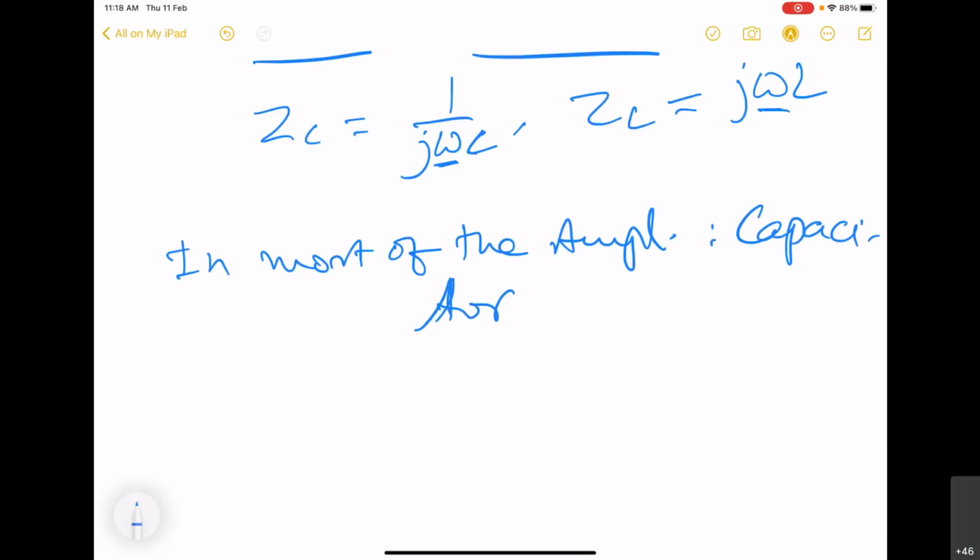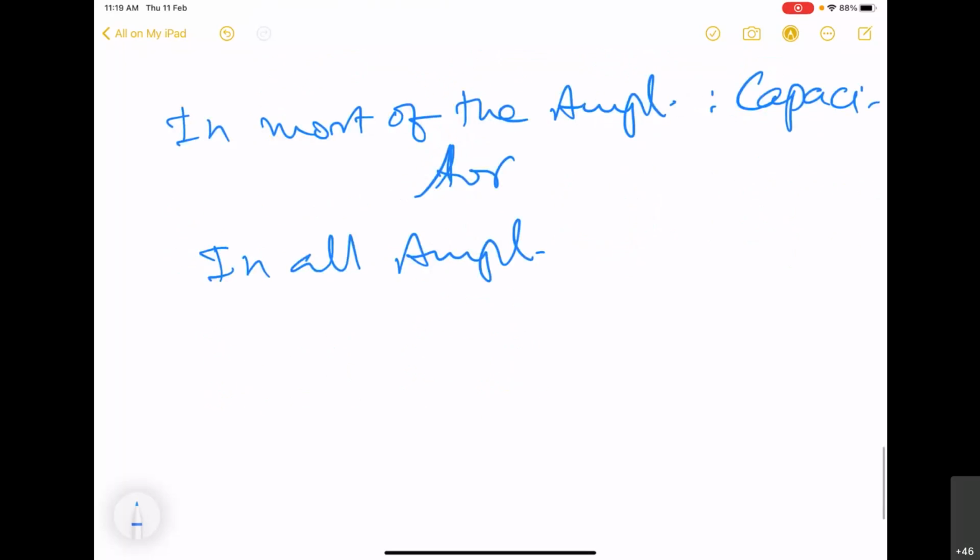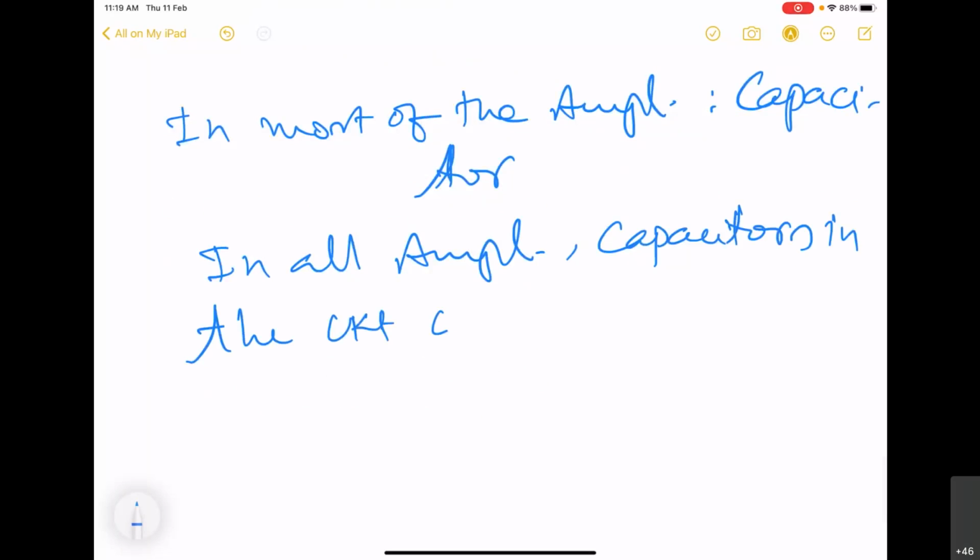And in all of the amplifiers, these capacitors occur at two locations.